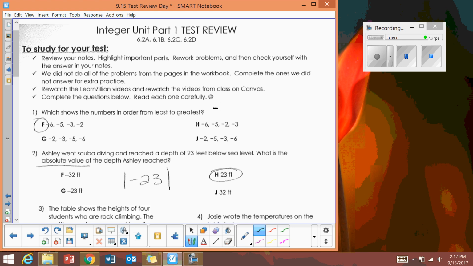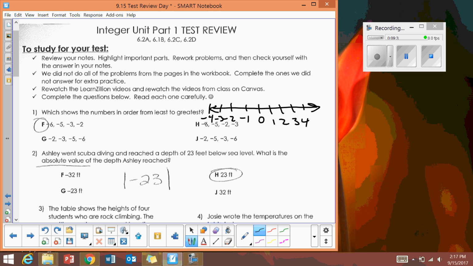Now, if we're looking at a number line, this is the one that a lot of people are confused about because if you look, all of these are negative numbers. So when we're looking at a number line, positive goes 1, 2, 3, 4, but when we go in the other direction, it's -1, -2, -3, -4, and it goes the opposite way.